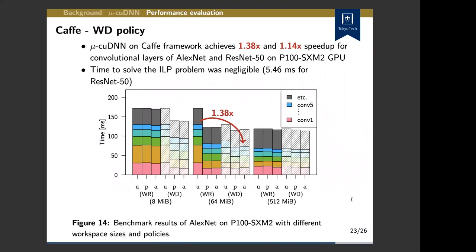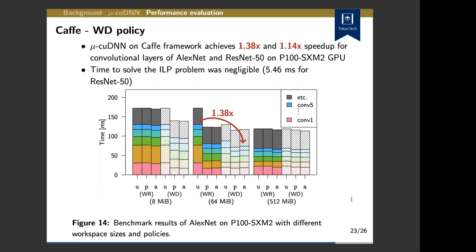With the workspace division policy, we get a small speedup on ResNet-50, but this speedup cannot be achieved by workspace reuse on Caffe because in Caffe each layer tries to allocate at most 64 megabytes of workspace, for example, which results in an out of memory error.